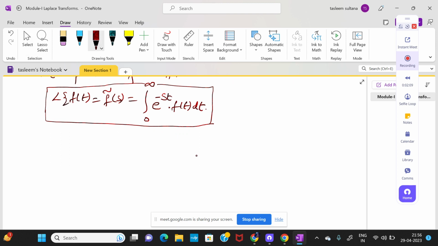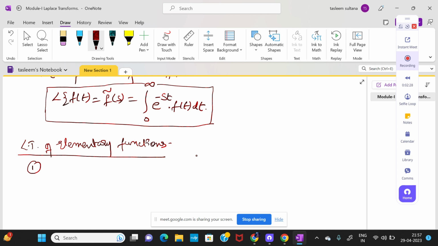Your elementary functions. Laplace transform of elementary functions. First one, if it's a constant, L of 1, then you write it's equal to 1 by s.